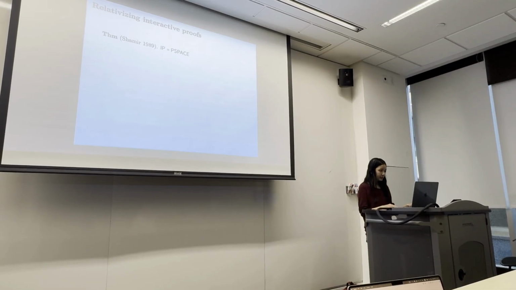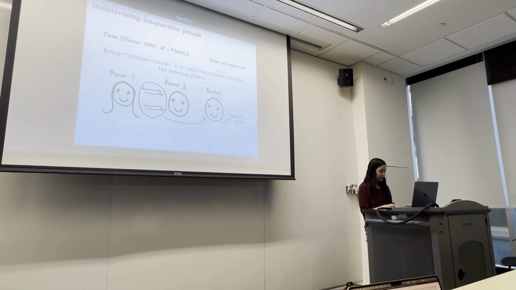And then, as you probably guessed, these standard interactive proof results don't relativize. Maybe one of the most fundamental results in interactive proofs is IP equals PSPACE due to Shamir in 1989, and it's well known that this result doesn't relativize, or at least the PSPACE containing IP direction doesn't relativize.